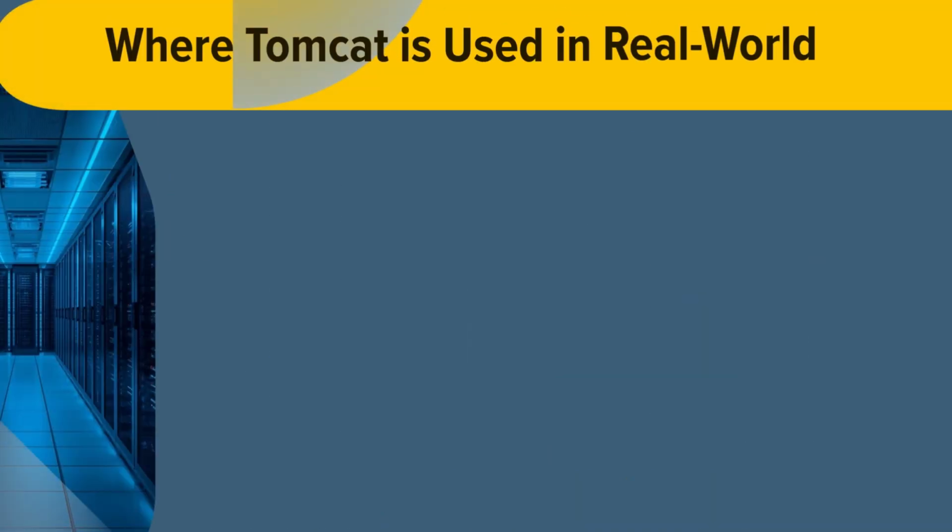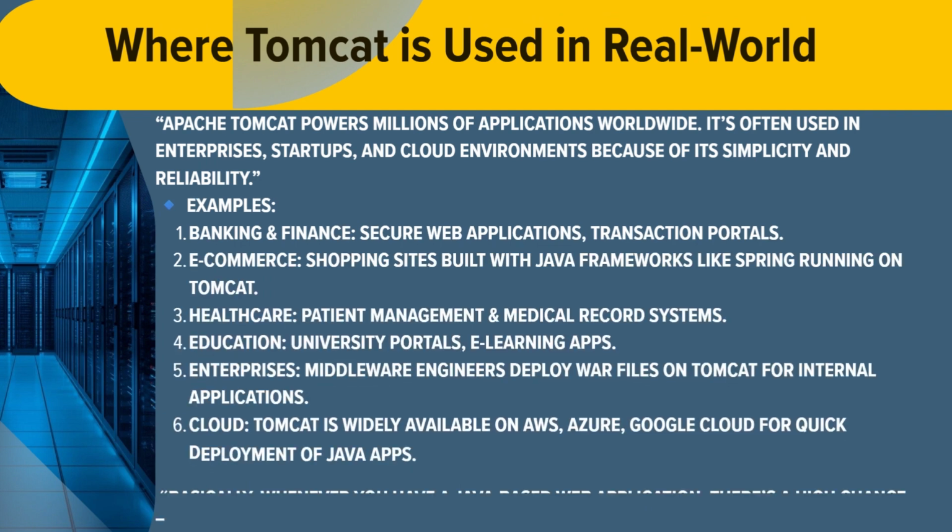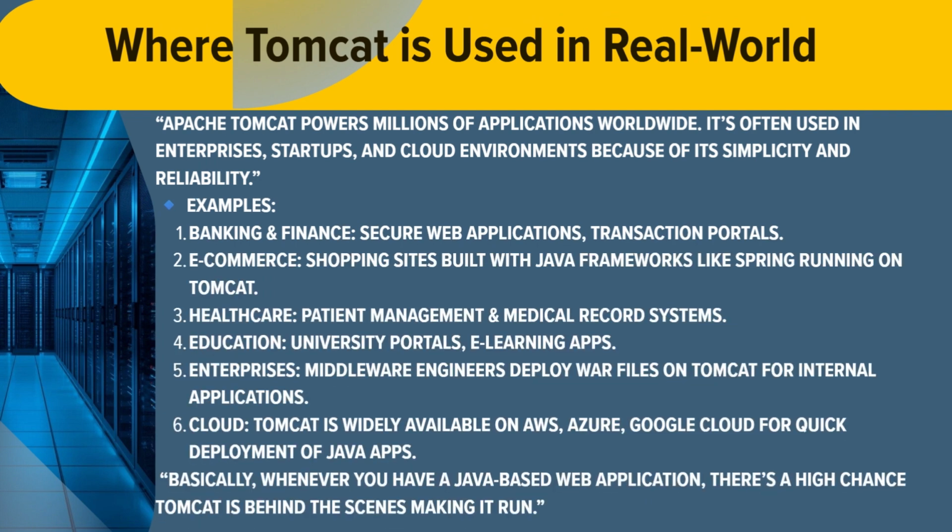Next, where Tomcat is used in real world. Apache Tomcat powers millions of applications worldwide. It's often used in enterprises, startups, and cloud environments because of its simplicity and reliability.